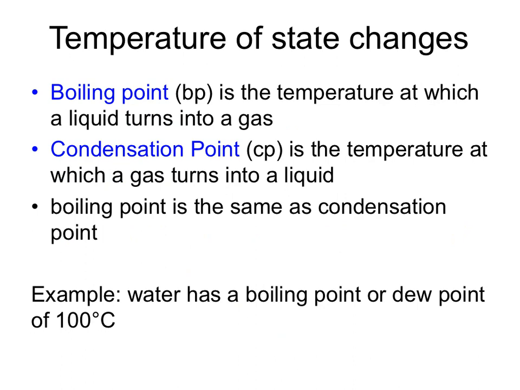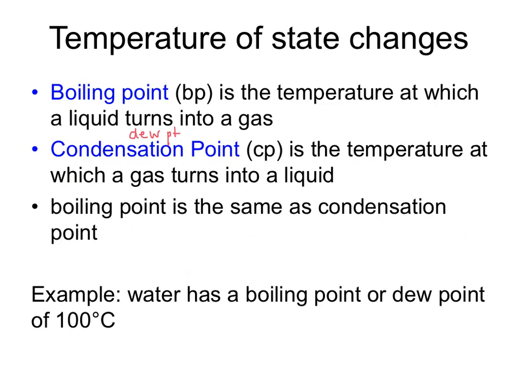Boiling point, abbreviated BP, is the temperature at which a liquid turns into a gas. Condensation point, also known as dew point, is the temperature in which a gas turns into a liquid. Both the condensation point and the boiling point of a substance will be the same.